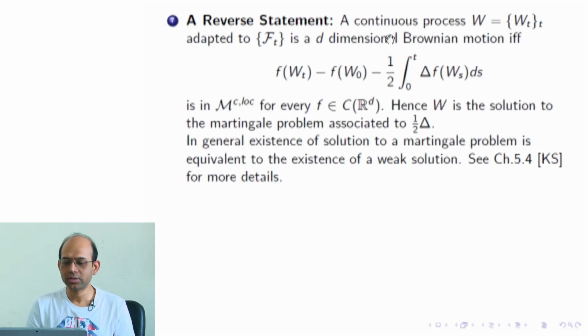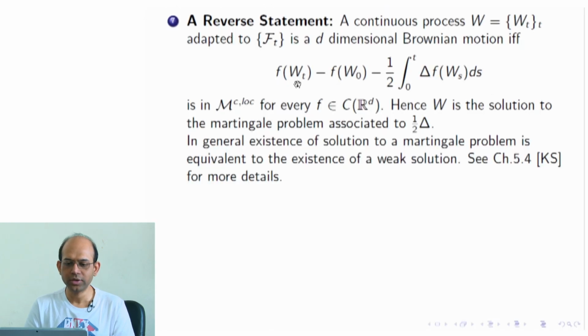This is the reverse statement for a very special case, only for Brownian motion. A continuous process W adapted to the filtration Ft is a d-dimensional Brownian motion if and only if f of Wt minus f of W0 minus half the integral from 0 to t of the Laplacian of f at Ws ds is a continuous local martingale for every f in C2 of R^d. Imagine that we have one particular process W, with half Laplacian.